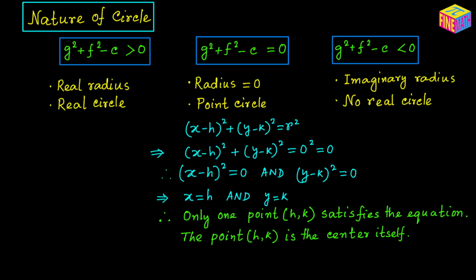The circle is so small that it looks like a single point, and that point is nothing but the center of that circle. So that is why this type of circle would be called a point circle when g squared plus f squared minus c is equal to 0. So if you ever see an equation where g squared plus f squared minus c is equal to 0, that means it's not a real circle as such that we can see. It's like a point circle. It's like just a single point.